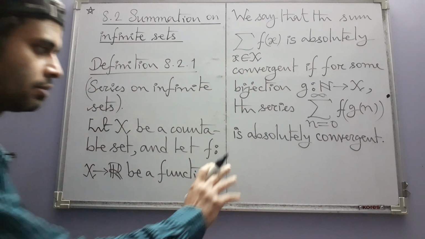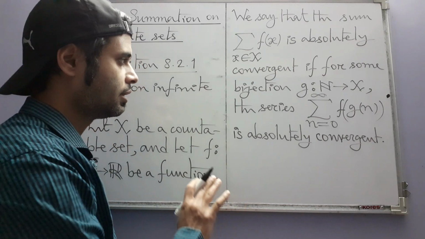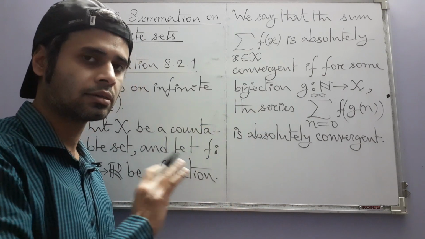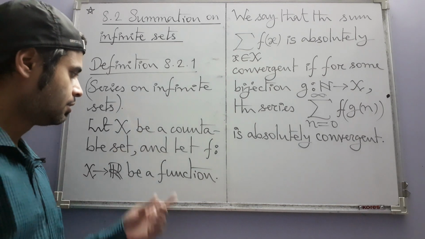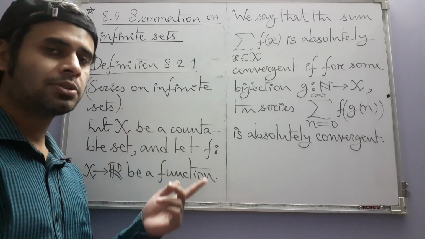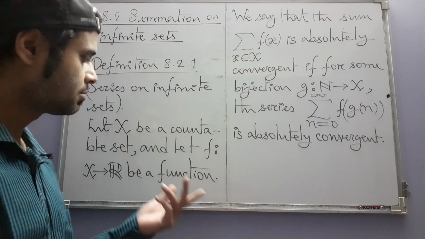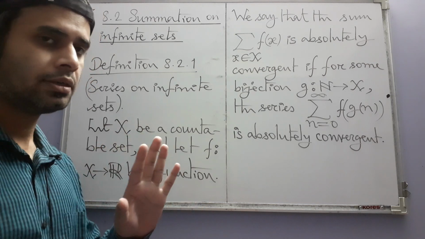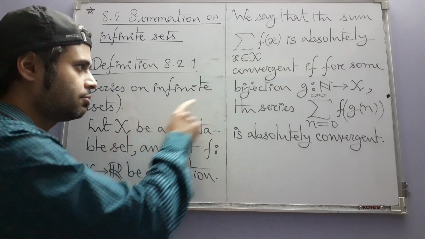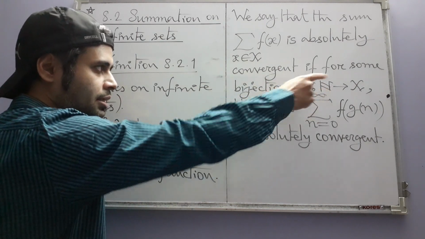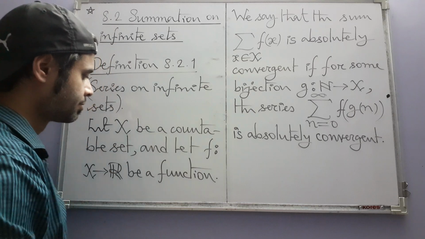Okay, so the definition is not over yet, but let's try to understand what we have written so far. We are given a countable set X, that means it is infinite, and countable means it has a bijection with the set of natural numbers. One such bijection you see here, g.